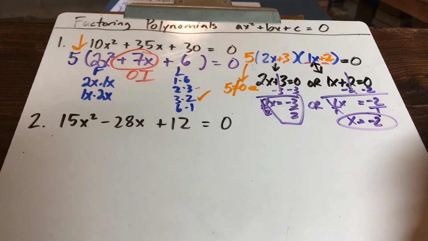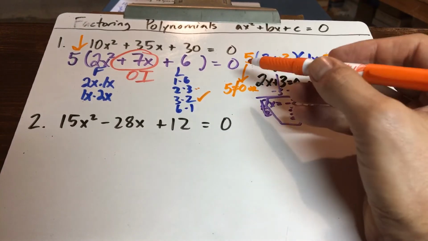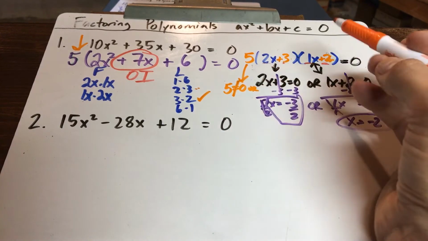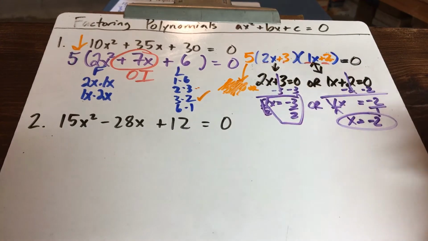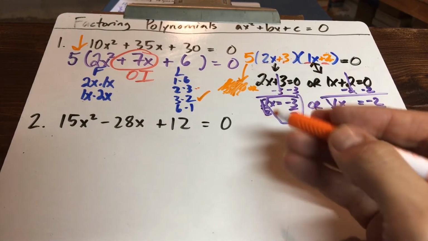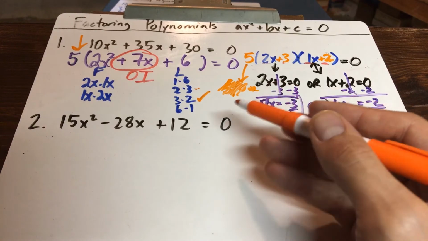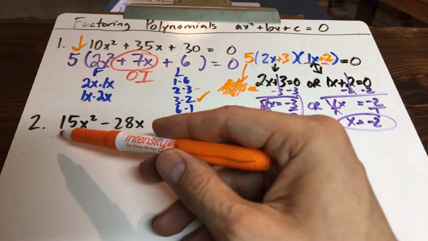No, it doesn't. It's something we call an extraneous answer. Extraneous is kind of a fancy word for extra. An extraneous answer is an answer you get that doesn't actually apply to the question. So that answer really didn't make sense. 5 does not equal 0. Now, if that was 5x, then we might have been onto something, and I'll show you maybe one of those later. Okay, so I'm sorry about that.